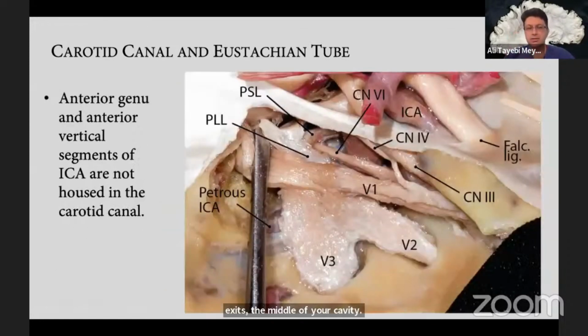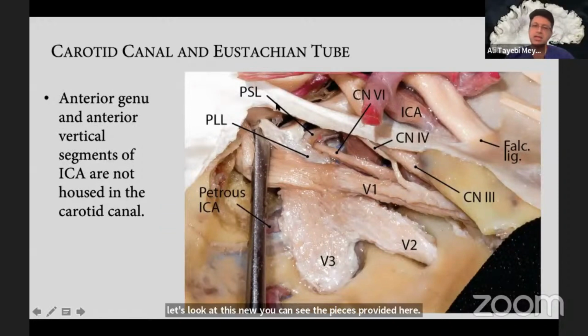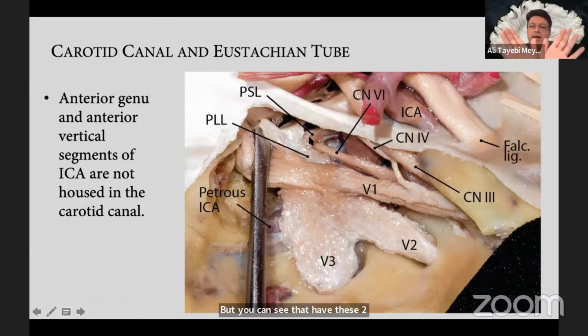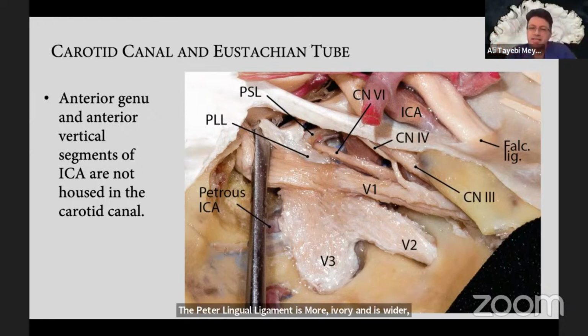All right, let's look at this. So you can see the petrous carotid here. We talked about the petrolingual ligament and petrosphenoid ligament in the prior lecture. But you can see how these two ligaments form a butterfly configuration. The petrolingual ligament is more ivory and is wider, and it basically separates the Gasserian ganglion from the transition of the carotid artery from the petrous segment to the cavernous segment.